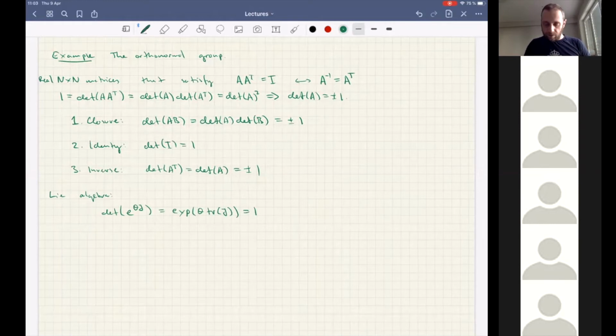And well, this is just numbers now. So if we take the logarithm of this, we find that theta trace J should be equal to 0. And this is only true for all theta if the trace of J is equal to 0. So the matrices that form the Lie algebra of this orthonormal group are the matrices which have zero trace.